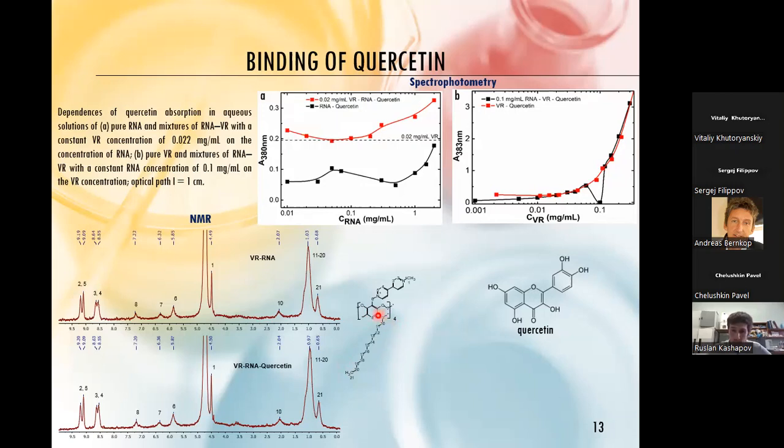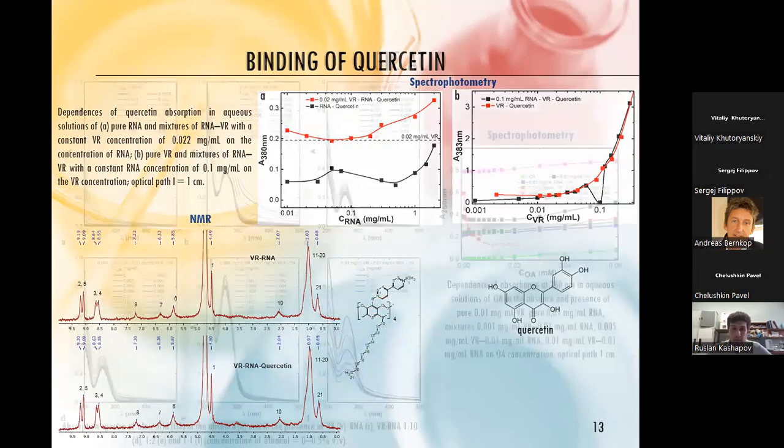When comparing the NMR spectra of the mixture in the absence and the presence of quercetin, the largest chemical shift is observed for the protons of alkyl chains, underscoring the location of quercetin in the hydrophobic domains formed by these chains.